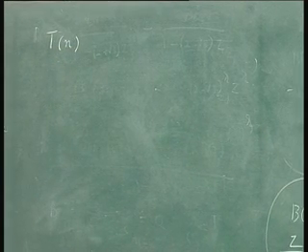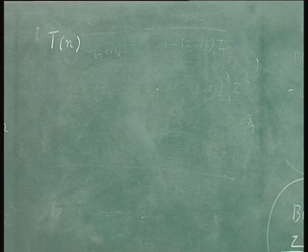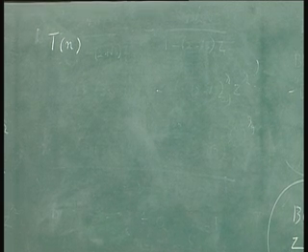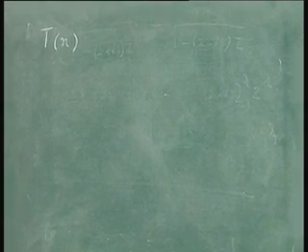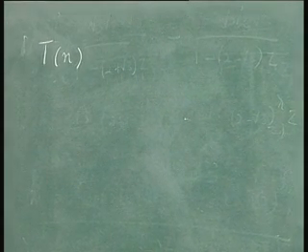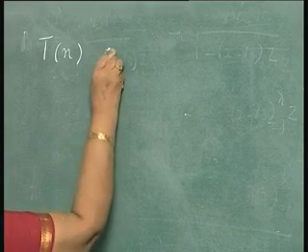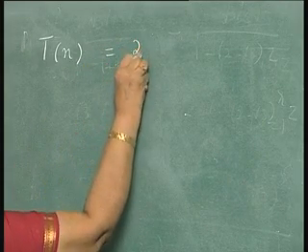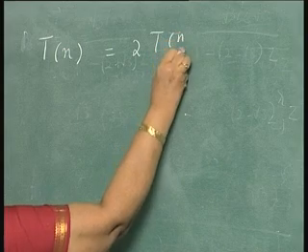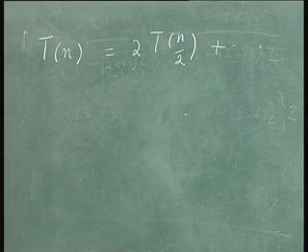So, in such cases, if the time complexity of solving the problem of size n is Tn, say, then it is divided into 2 sub problems of size n by 2. Apart from that, there will be some more operations to get the whole solution. So, that is given by 2 times T(n by 2) plus something.